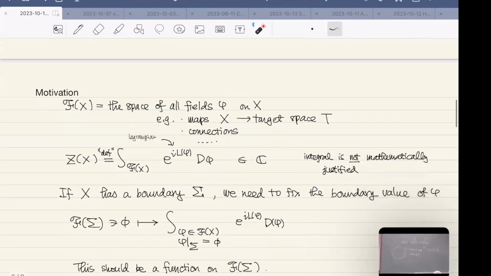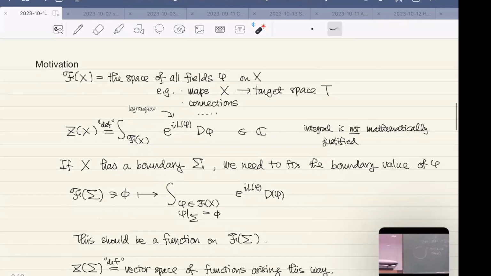And you continue this consideration. If the D manifold X has a boundary, then in order to do this integration, you first need to fix a boundary value of the field phi.